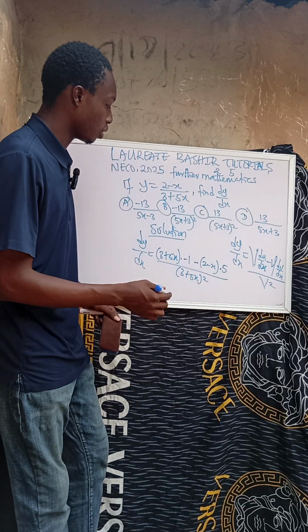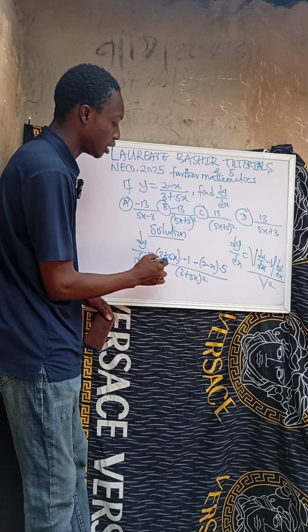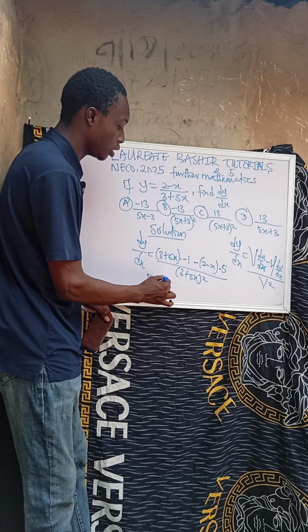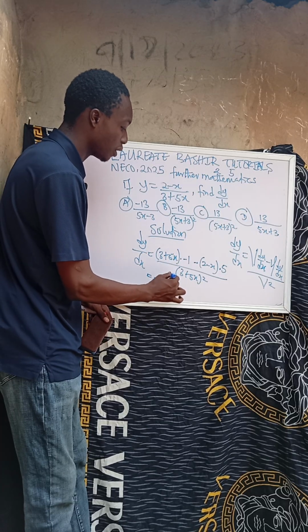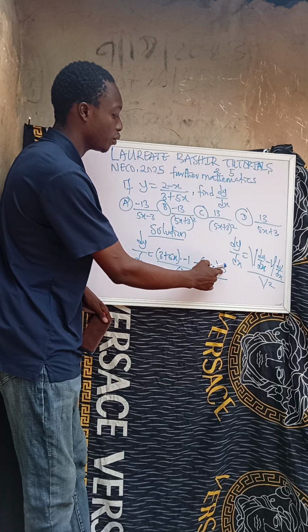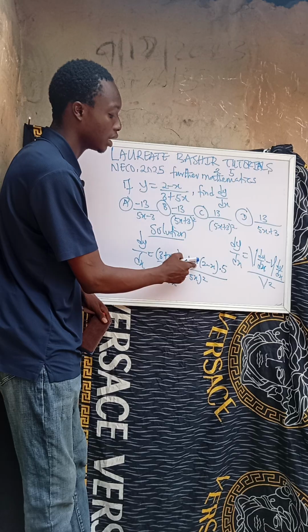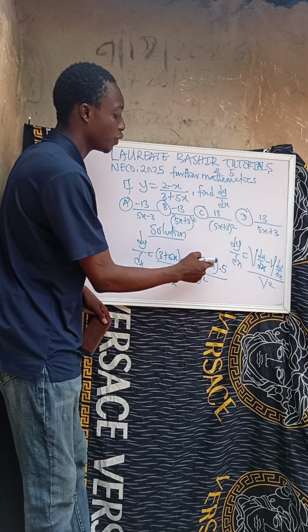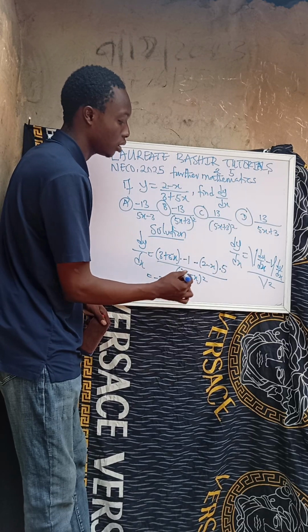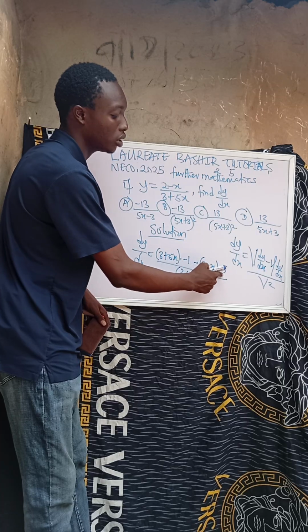So you can now simplify this further. So minus 1 times 3 is minus 3. Minus 1 times plus 5x is minus 5x. This 5 and minus, I'm using it to open the bracket directly. So minus 5 times 2, that's minus 10. Also minus and 5, I'm using it to open this one.